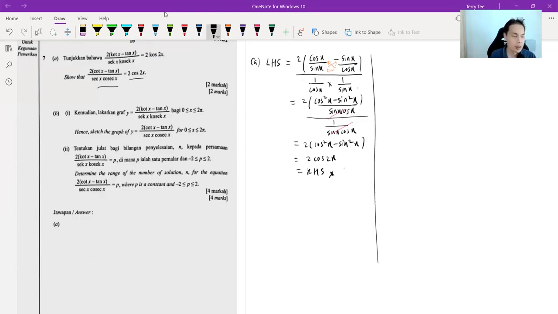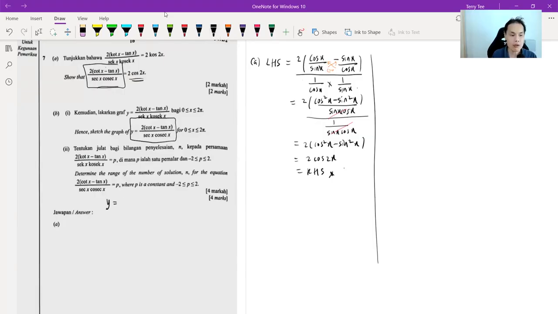Okay. Now, next, we're going to sketch a graph. Now, look at part B. The entire thing here is actually the same as the one above. See? So, basically, we are sketching the graph of y equals 2 cos 2x. Now, I hope you know by now, the 2 in front of cos means it's the amplitude.